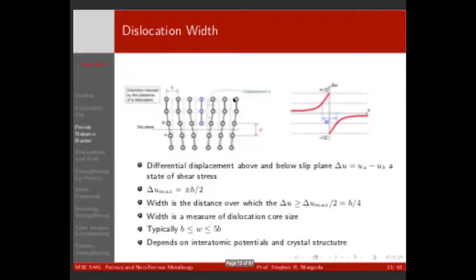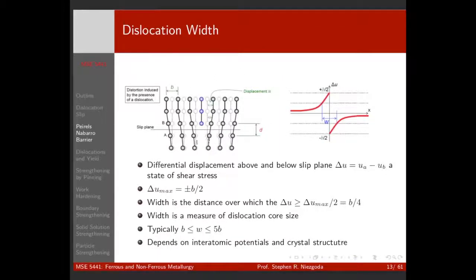What do I mean by the width of the core? Well, we look at how much individual atoms are displaced from the position they want to be due to the presence of that dislocation. So for atoms above the slip plane here, are these in tension or compression? Are they closer or farther apart than they want to be?